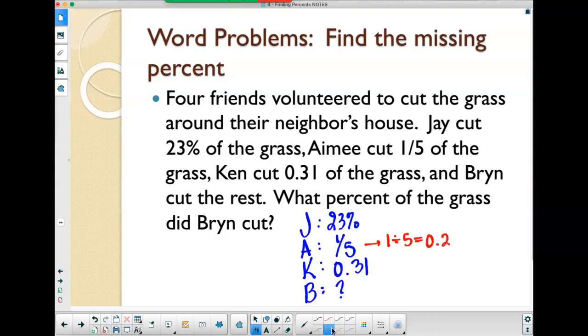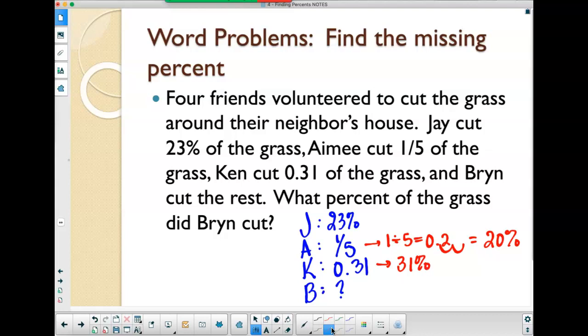And then we have to write that as a percent. Move your decimal 2 places. So it's 20%. 1/5 is 20%. Okay, what is Ken's as a percent? 0.31 is what as a percent? What percent is that? Savannah? 31. 31%.